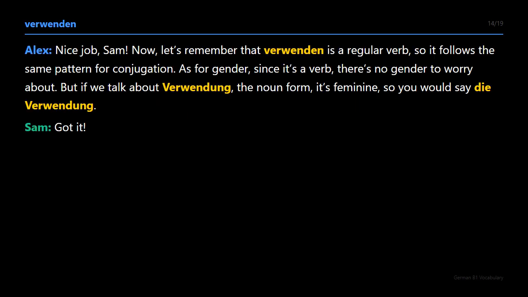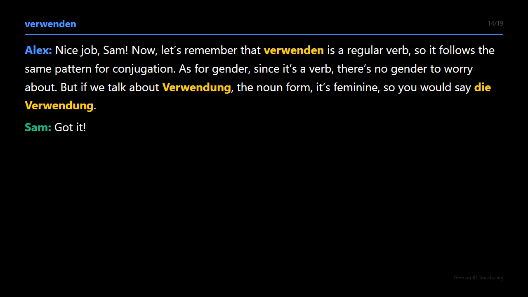Nice job, Sam. Now, let's remember that verwenden is a regular verb, so it follows the same pattern for conjugation. As for gender, since it's a verb, there's no gender to worry about. But if we talk about Verwendung, the noun form, it's feminine, so you would say, die Verwendung.